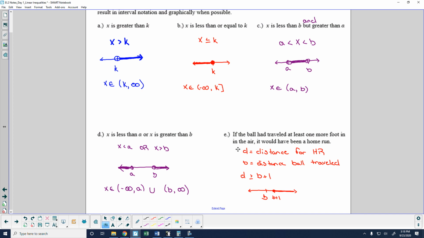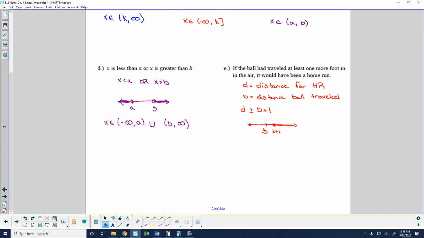So then in interval notation, the distance that we needed for a home run, let's let that be D. D exists within the interval where B plus 1 is the furthest we are to the left. And that gets a bracket because that is far enough for a home run.